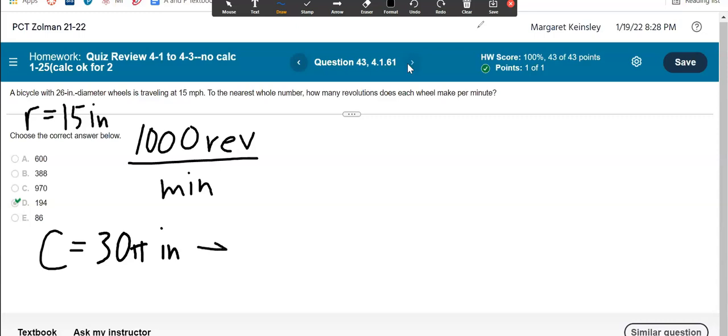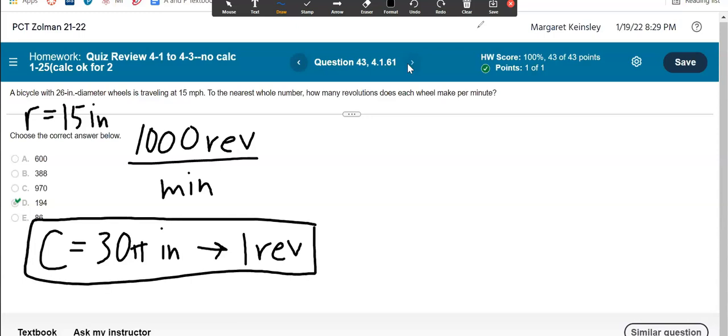So 30 pi inches is the equivalent of 1 revolution. This is a very, very important fact. The circumference of the wheel or the tire is always equal to 1 revolution.